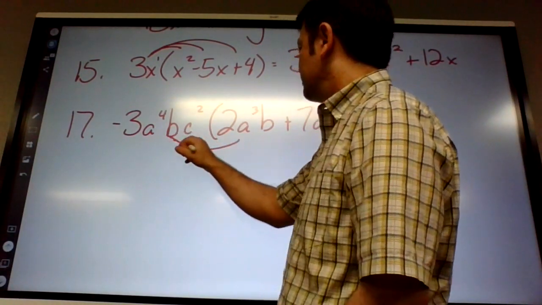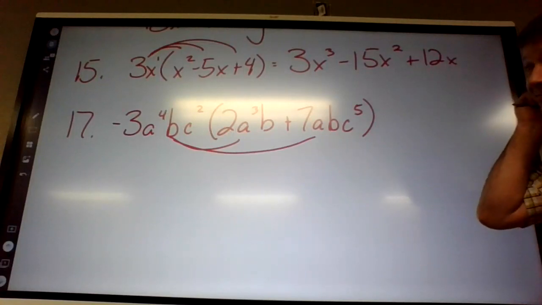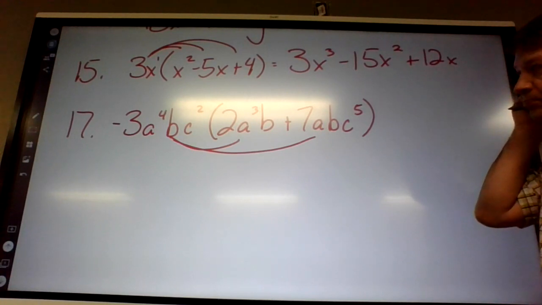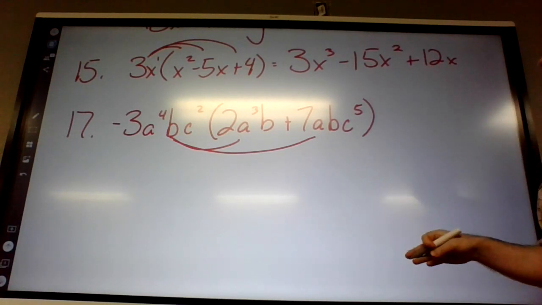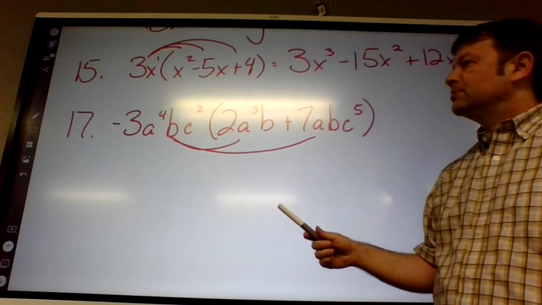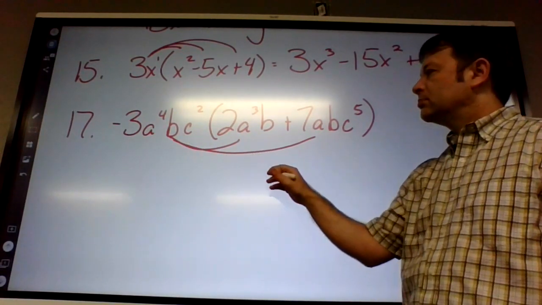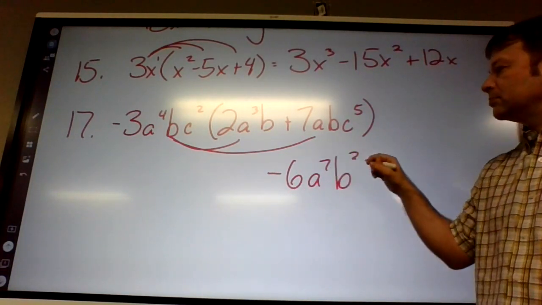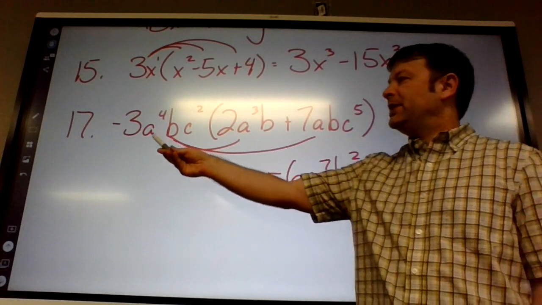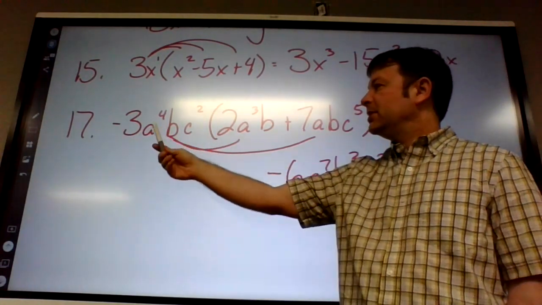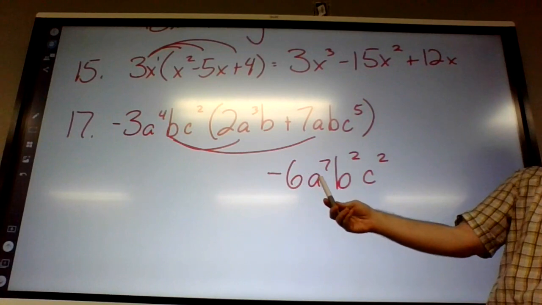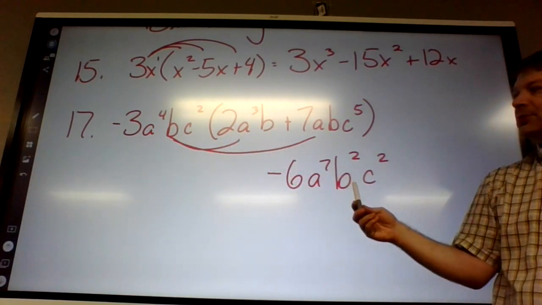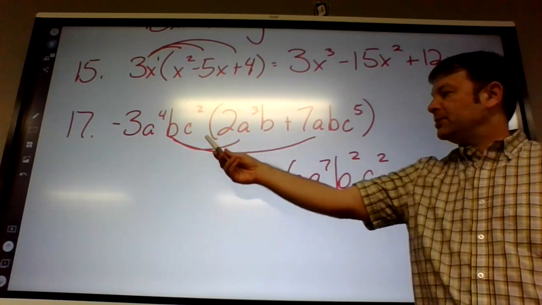Okay, so you would distribute the negative 3a to the fourth b c squared to the 2a cubed b, and it would make it negative 6a to the 7th, b to the second, c to the second. So we did negative 3 times 2 is negative 6. a to the 4th times a cubed is a to the 7th. b times b, b squared. And then c squared is tacked on.